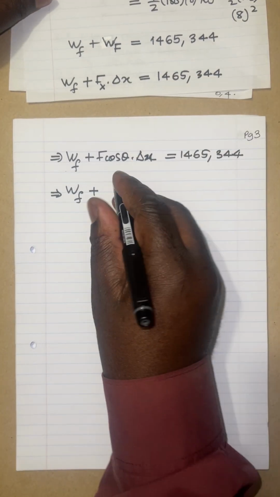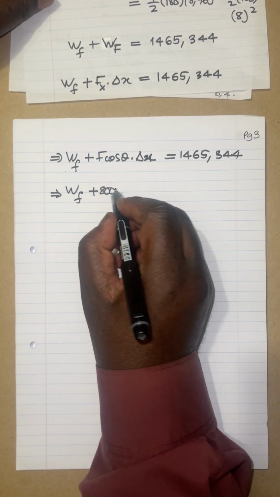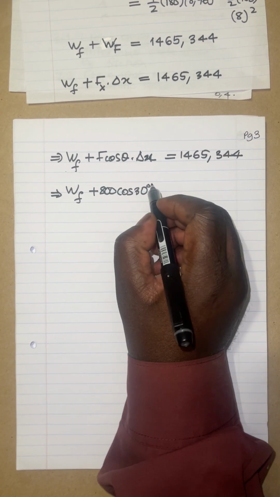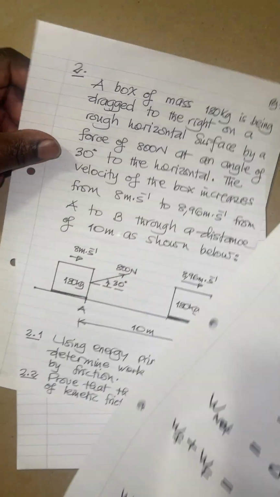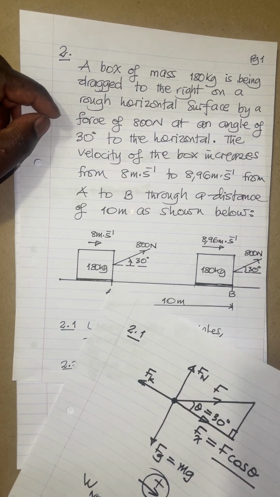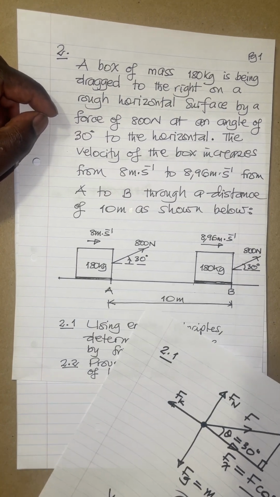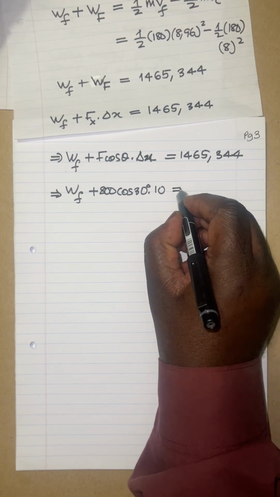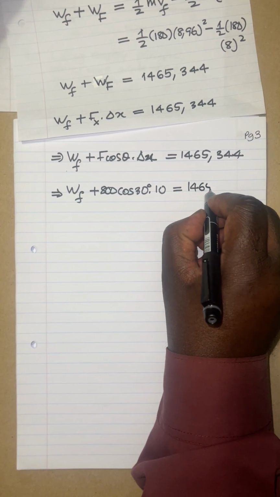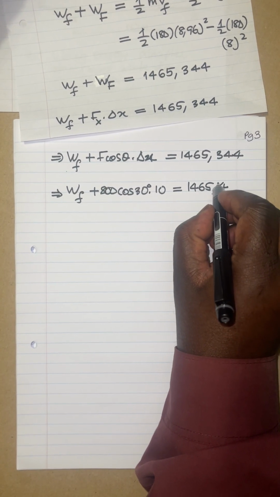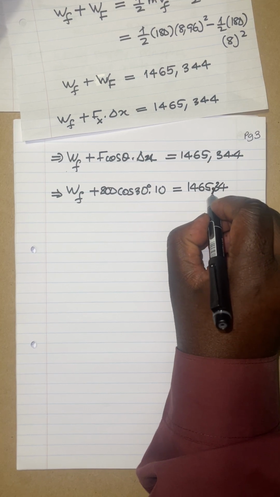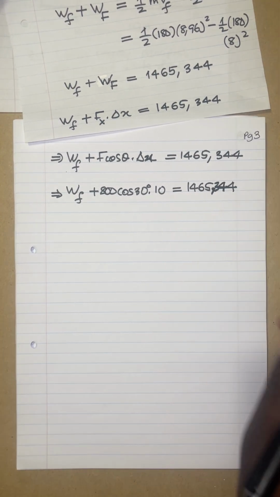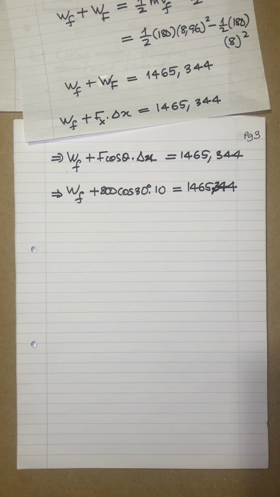So we're now going to say 800 times cosine of 30 times delta x, which is the distance that the block moves in the direction of Fx, which is going to be 10 meters there. That's our delta x. Times 10 is equal to 1465,344.